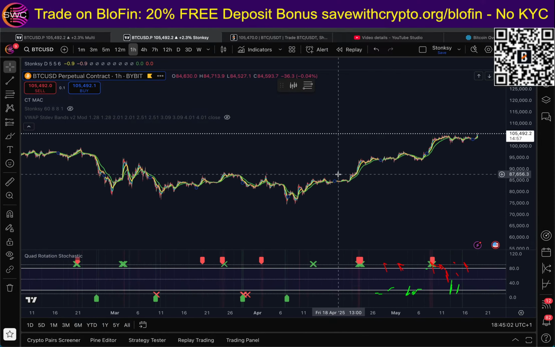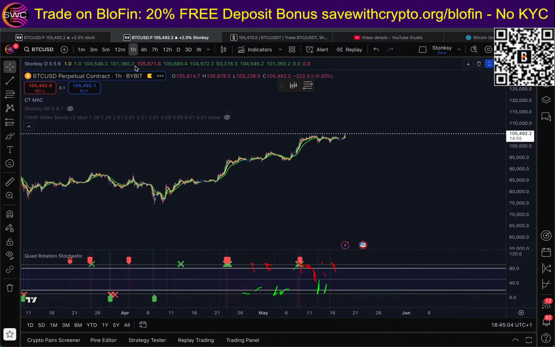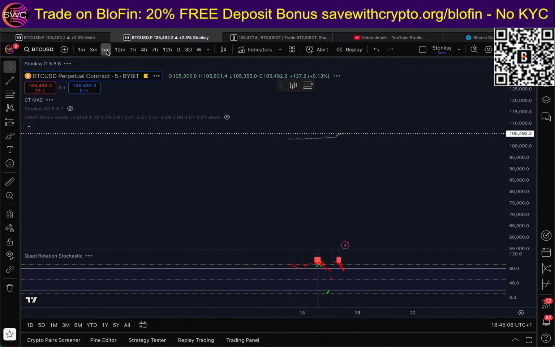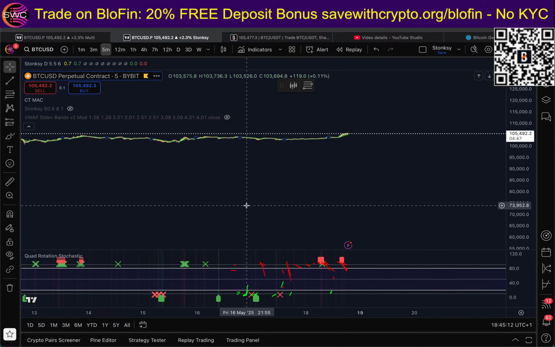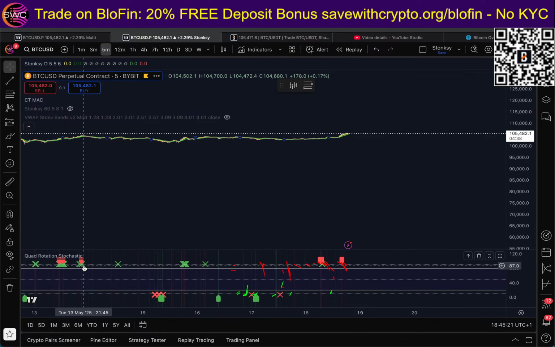I think certainly on the 1 hour time frame you could see some pretty cool macro stuff, but I like it on the 1, 3 and 12, but the 1, 3 and 5 sometimes. Let me just put the lines back. That looks a bit weird without it, but I know it is a messy looking indicator.